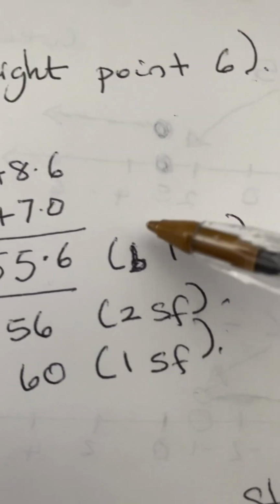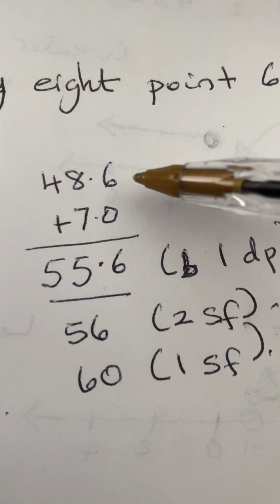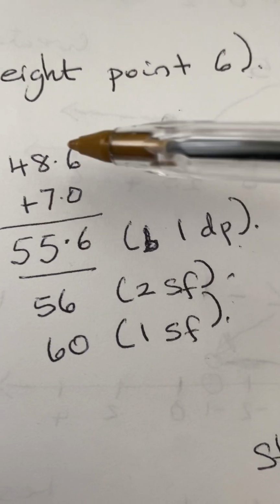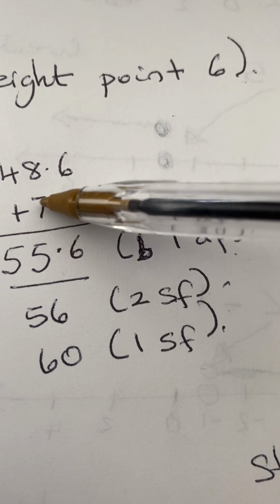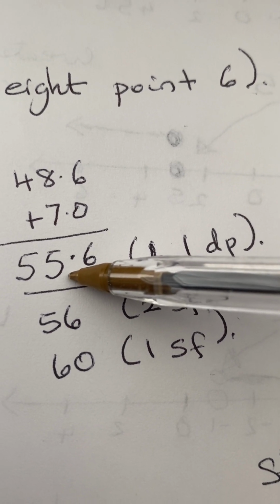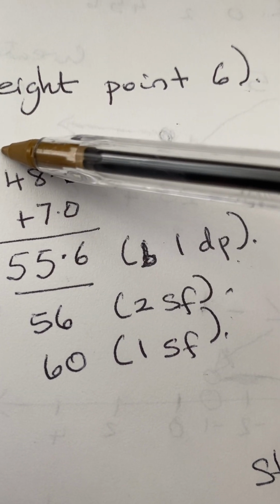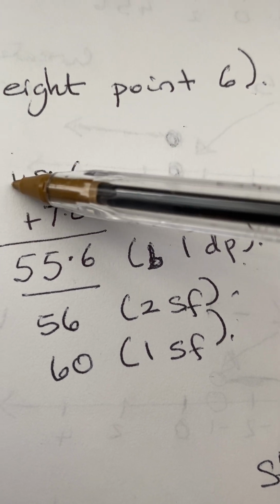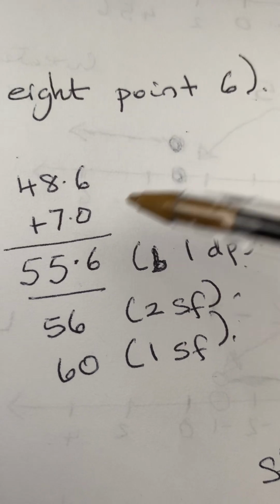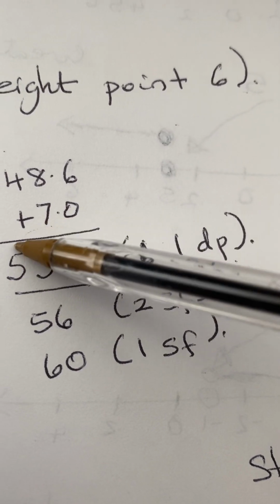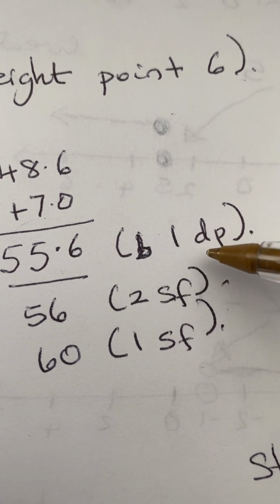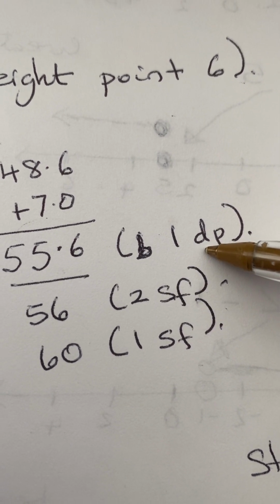Now if I add 7, again 6 add 0 is 6, 8 add 7 is 15, carry 1 forward, 1 add 4 is 5. This is to one decimal place.